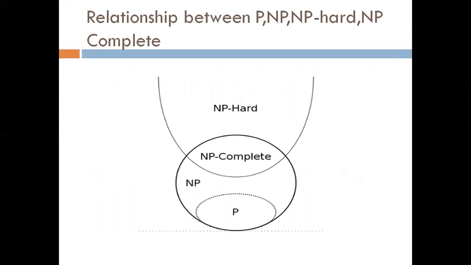Previously, all problems were NP problems. Further, if we get the solution for a problem in polynomial time, then we consider that problem as a P class problem. And this is the NP hard class. If a problem is both NP and NP hard, then we consider that problem as an NP complete problem.